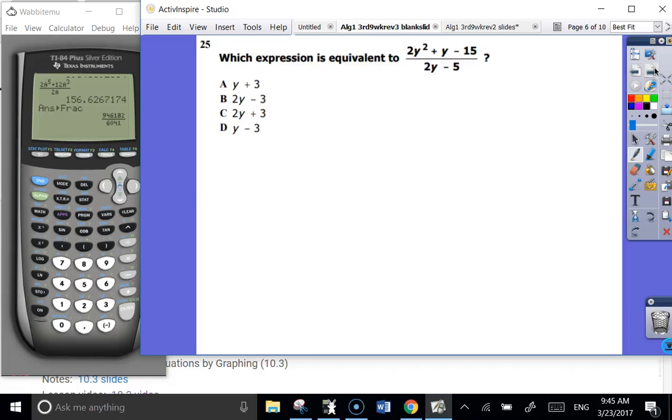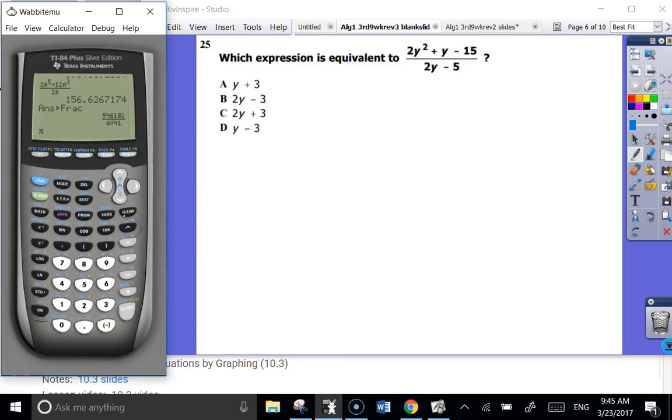Then put that expression in, turn it into a decimal or a fraction, and see which one is the same value. So pi store.